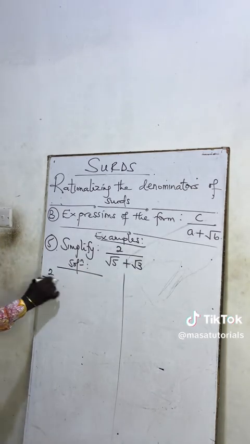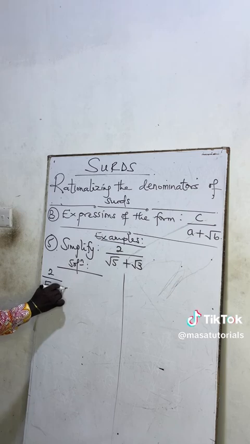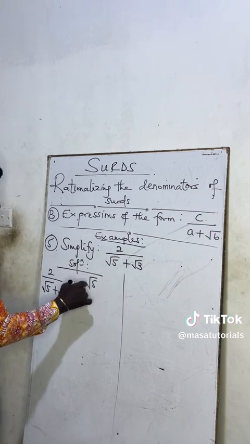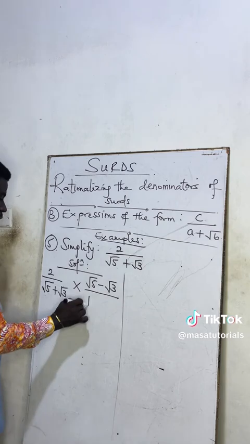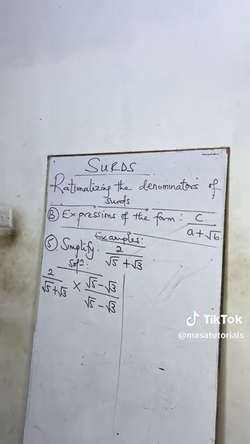So we have 2 over square root of 5 plus square root of 3 times square root of 5 minus square root of 3 all over square root of 5 minus square root of 3.